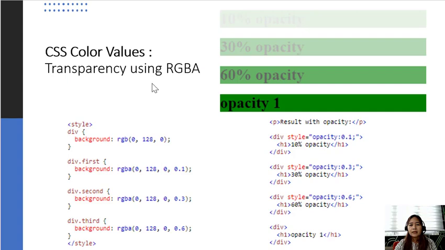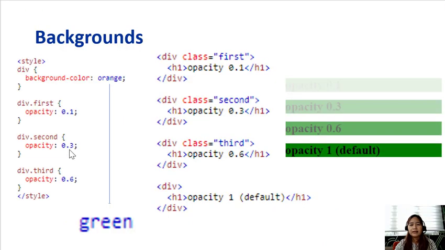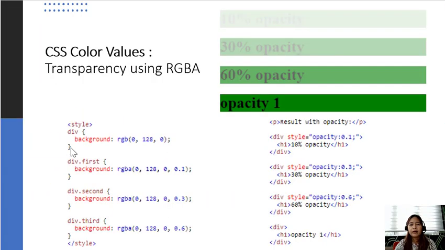Now the color values, if you want to use RGBA, are different. Here we're using opacity. If you're going to use RGB, you can use 0, 128, 0 to display the green color. Now if you want to specify the opacity, you can use RGBA.